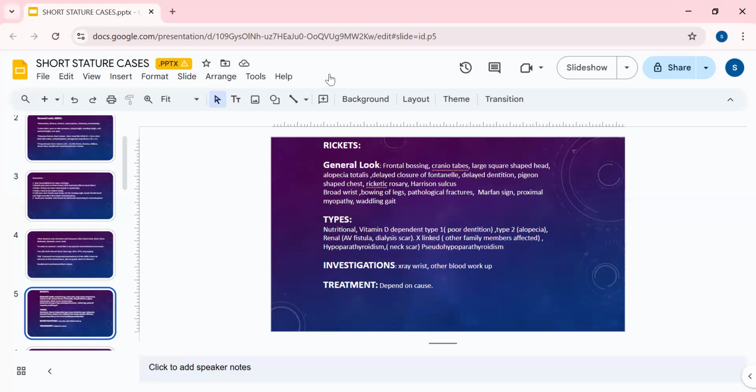It could be iatrogenic because of steroid use. It could be because of nutritional or nurturing deprivation. And then sometimes it could be idiopathic also. So you should have a broad idea of the different areas that can be affected, leading to pathological short stature.